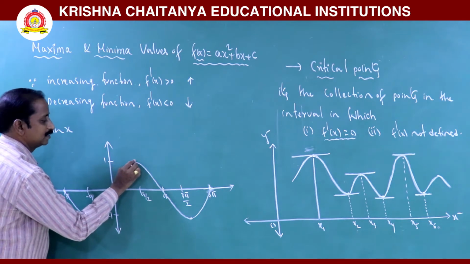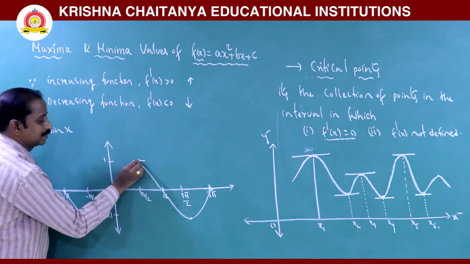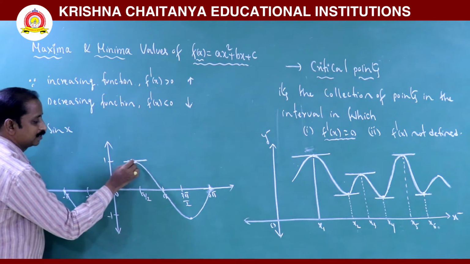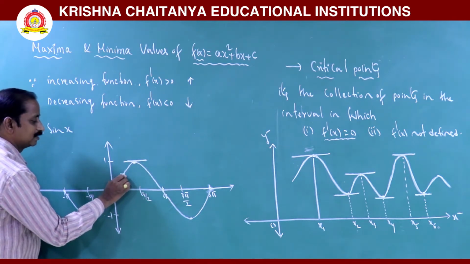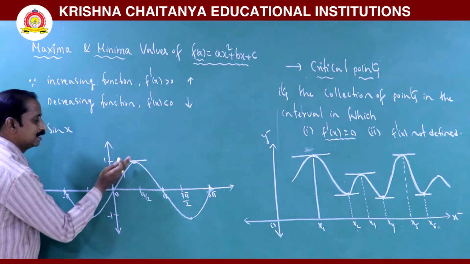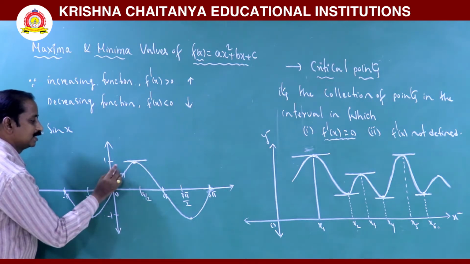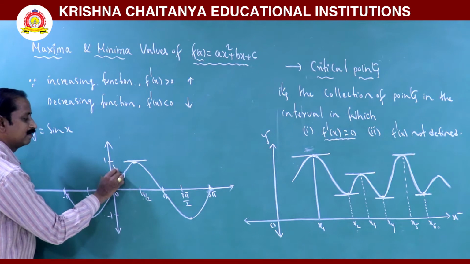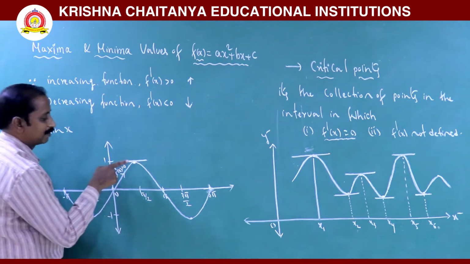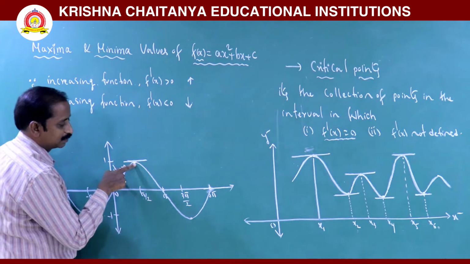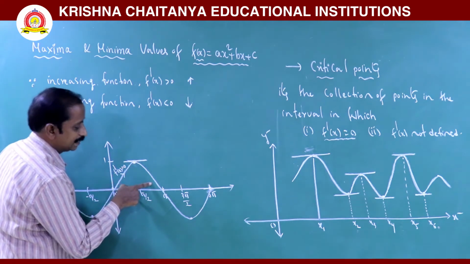So, at this point we already know that x is equal to pi by 2 is the critical point. Here the function is increasing. The function is increasing means nothing but f dash of x greater than 0. From this critical point onwards, the graph is decreasing.